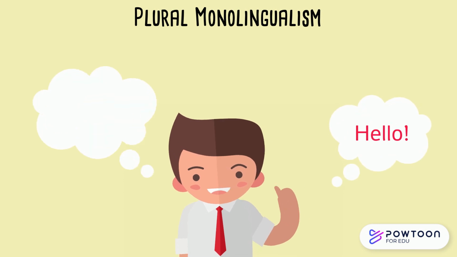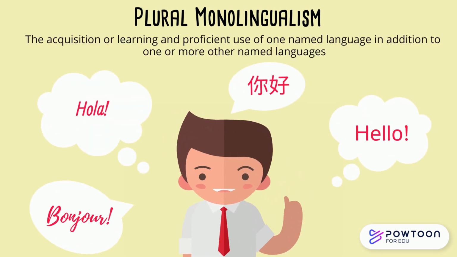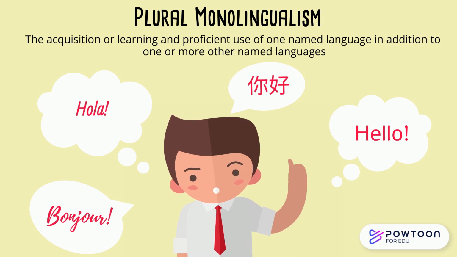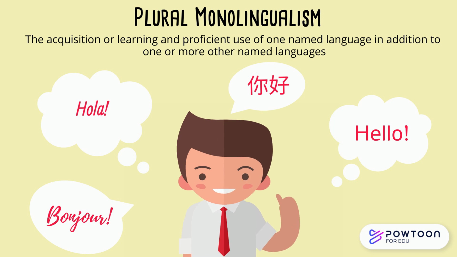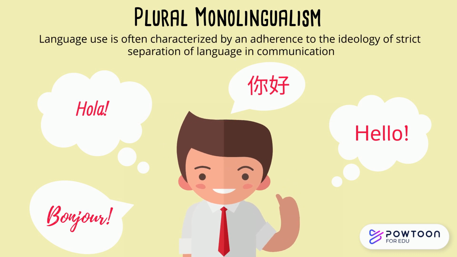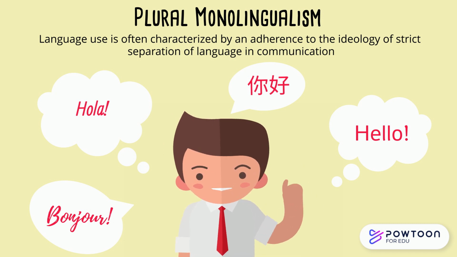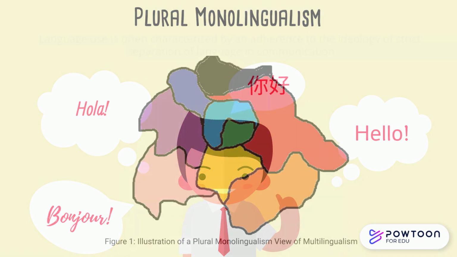In the plural monolingualism understanding, the notion of multilingualism entails the acquisition or learning and proficient use of one named language in addition to one or more other named languages. Again, in this view, language use is often characterized by an adherence to the ideology of strict separation of language in communication.